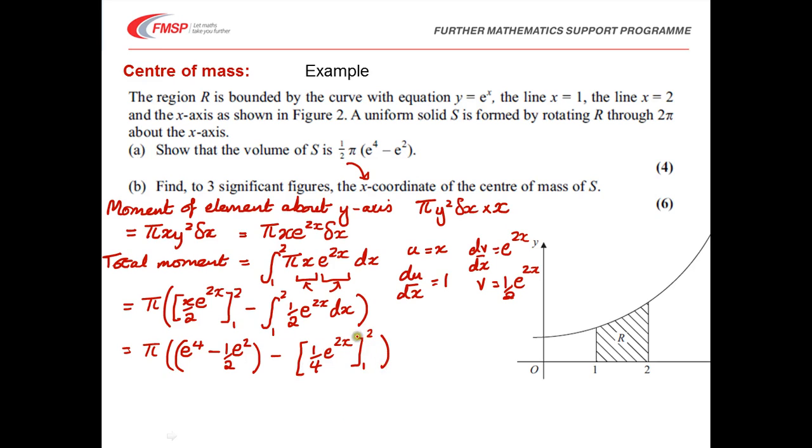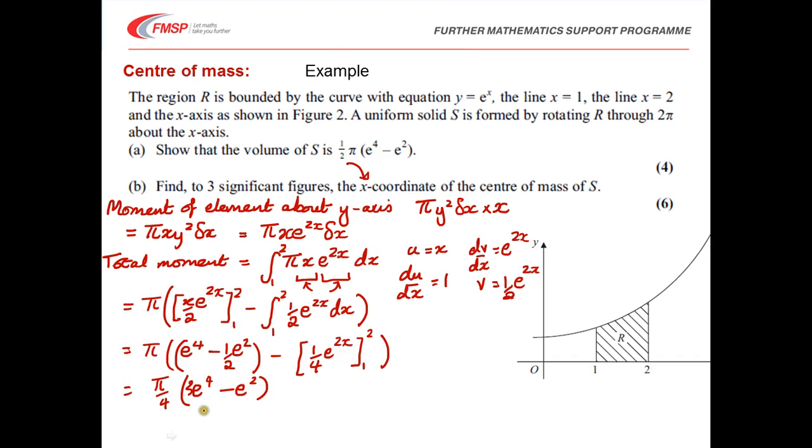Big bracket around the outside, and I'm just going to tidy all of that up. If you don't mind, this is just algebra, so I'm going to jump ahead a little bit on this one. That's going to give me an expression something along the lines of pi by 4, 3e to the 4 minus e squared. I've just jumped a couple of stages there because they're just pure maths.